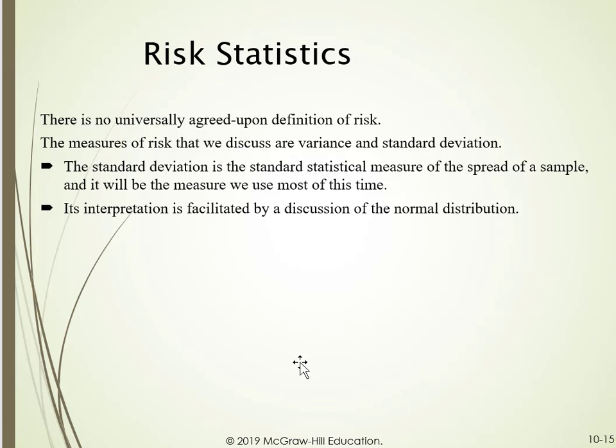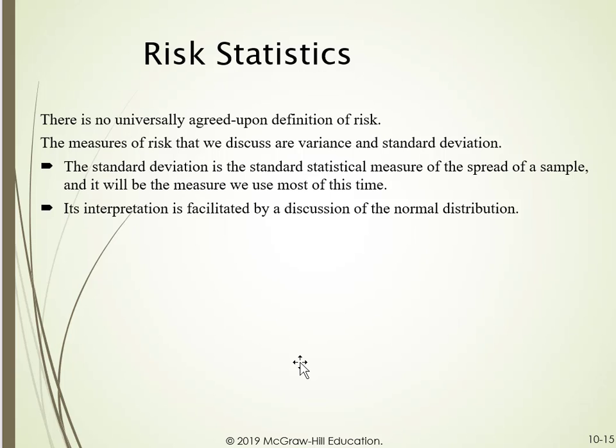There's no real universally agreed definition for risk. There are lots of ways that we can measure risk. We're going to concentrate on the most typical definitions, which are variance and standard deviation.